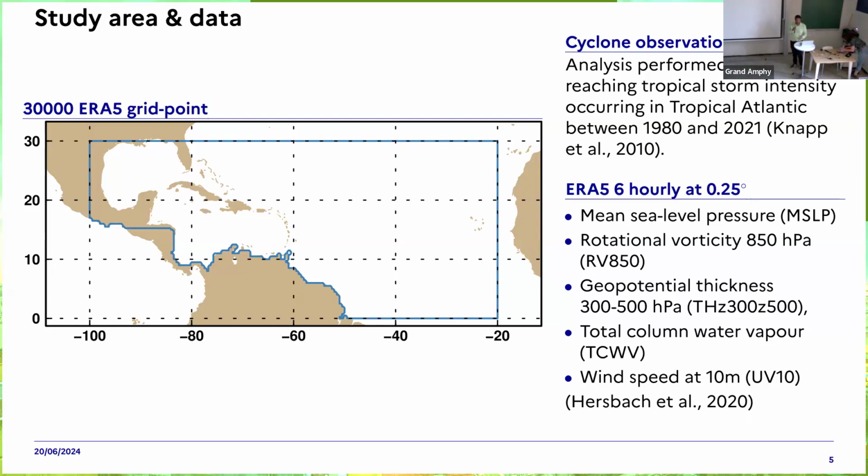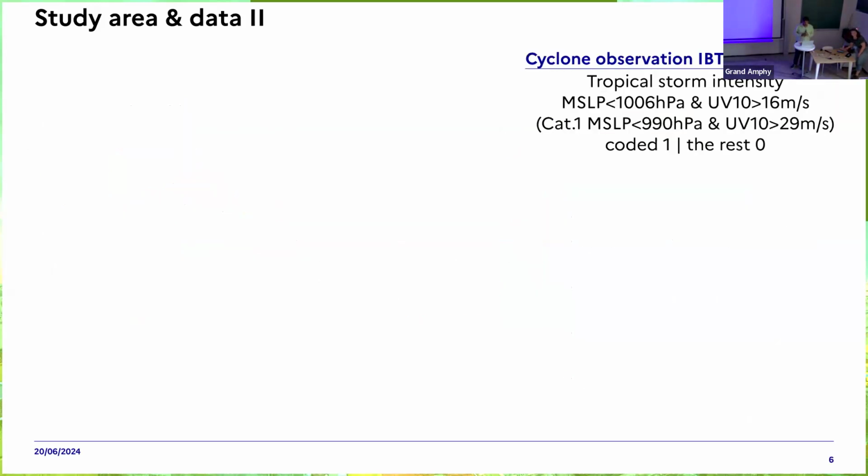As I said, I select tropical storm intensity based on the mean sea level pressure and the 10-meter wind.